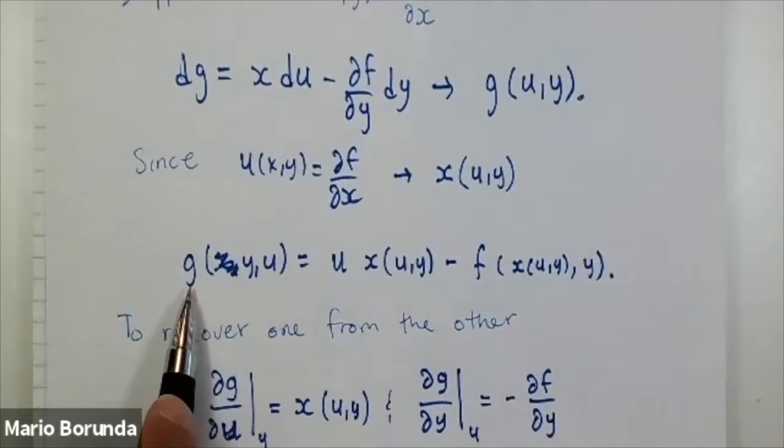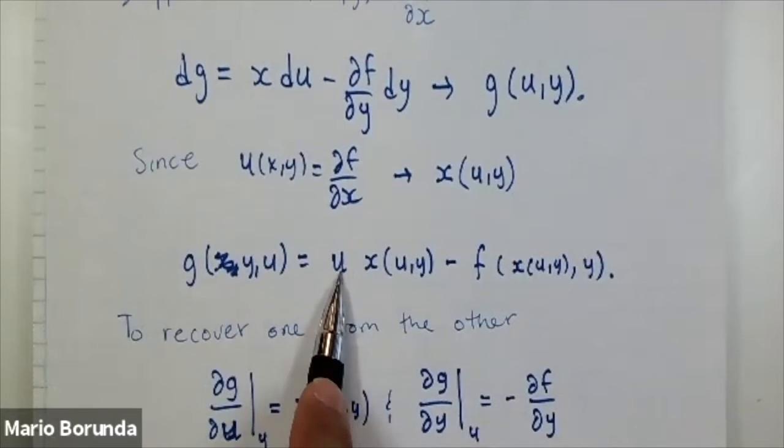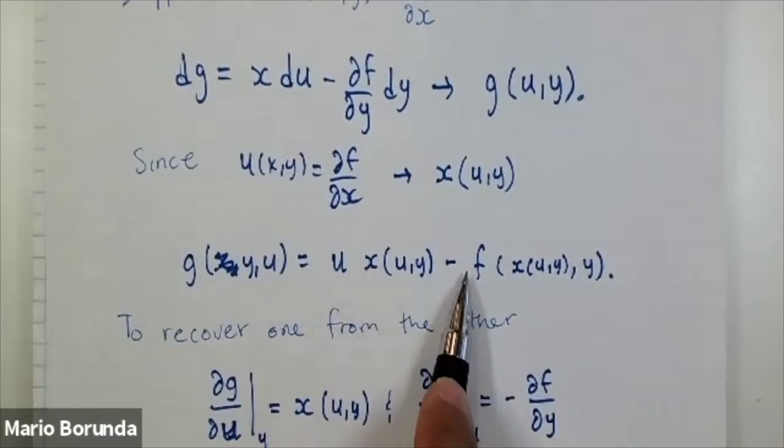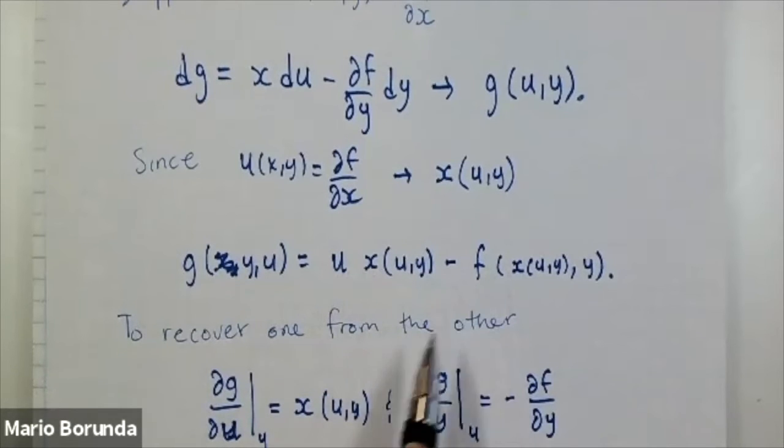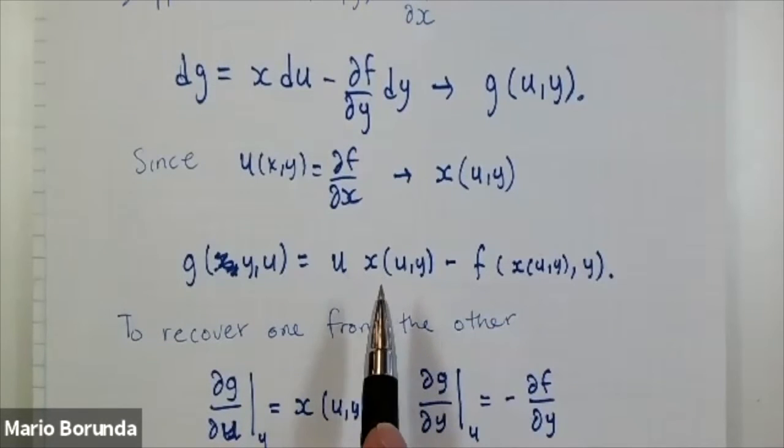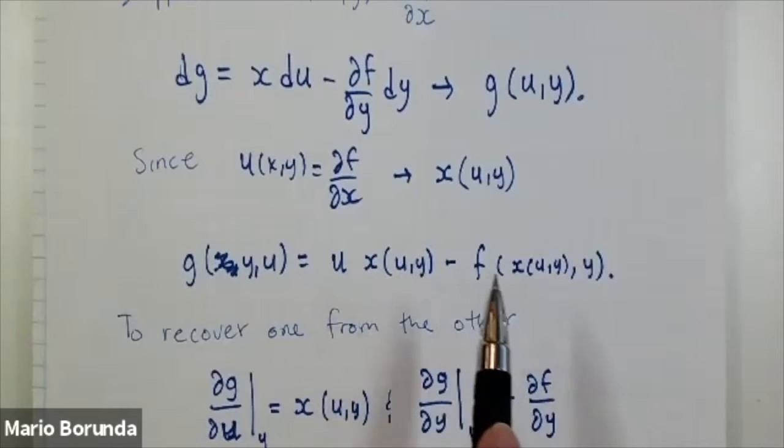So just as there's this g of u times x minus f, you can also write f, which in this case would be partial of g with respect to u times u minus g. You can go back and forth between the two. So go back to the original function.